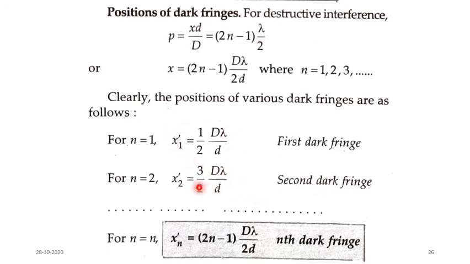If you look carefully, you can notice a pattern of odd numbers: 1, 3, what will be the next? 5. What will be the next? 7. So whenever the distance of the point P from the center is an odd multiple of D lambda by 2d, we will get a dark fringe, a fringe which has minimum intensity.